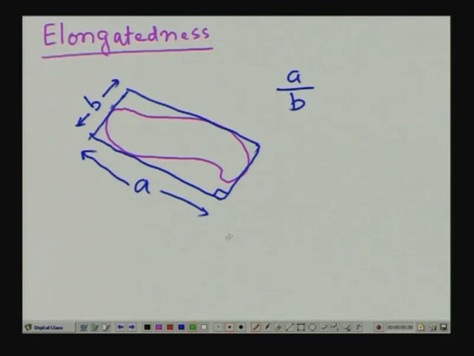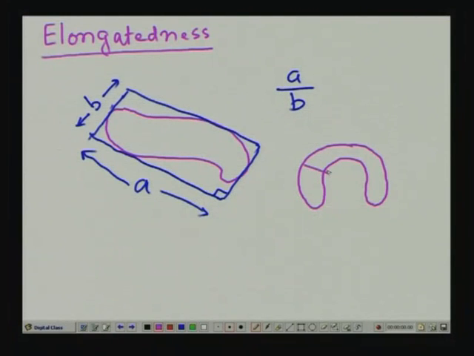For example, if I have a region something like this, for this kind of region, the elongatedness measure cannot be simply defined by this ratio of A and B. So, in such cases, to define the elongatedness of this kind of region, what I have to take into consideration is the thickness of this elongated region along with the length of the elongated region.